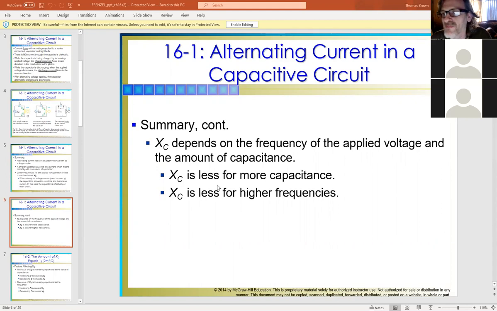So if we raise the capacitance level, X of C goes down, and it becomes less for higher frequencies as well. Basically, if we raise either the F or the C value of the fraction, our X of C will go down. So in this case, we would have less reactance.